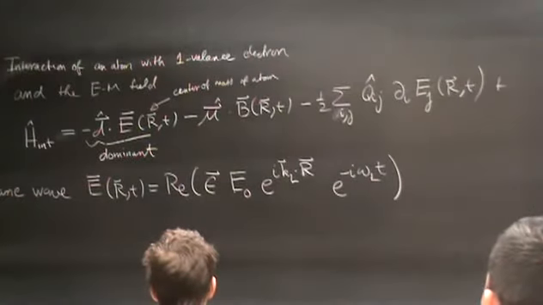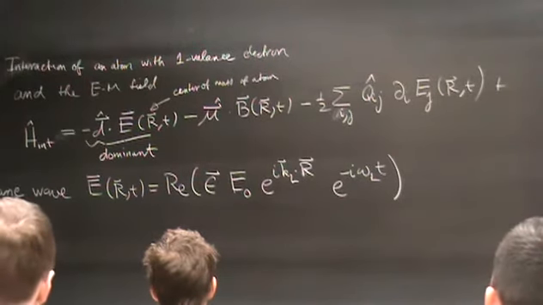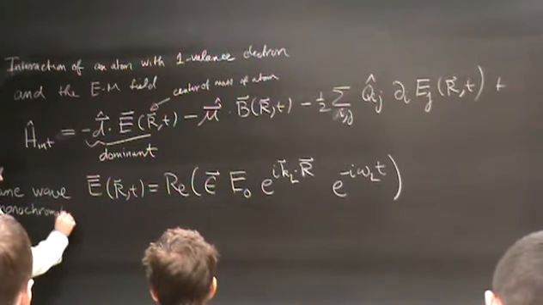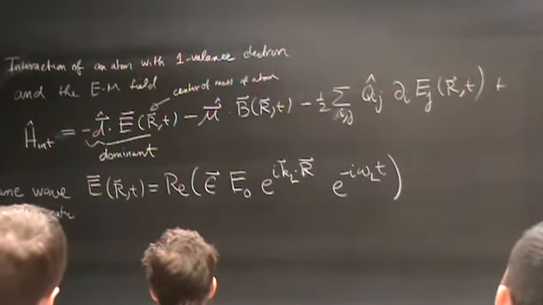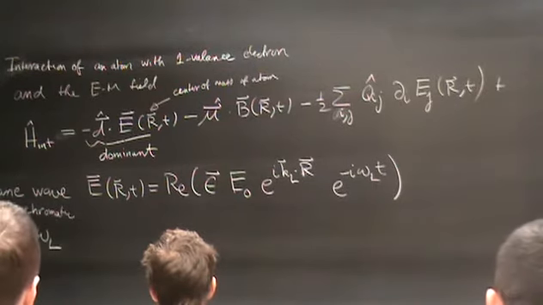That's the most general form of a monochromatic plane wave, with frequency of the light omega, right?